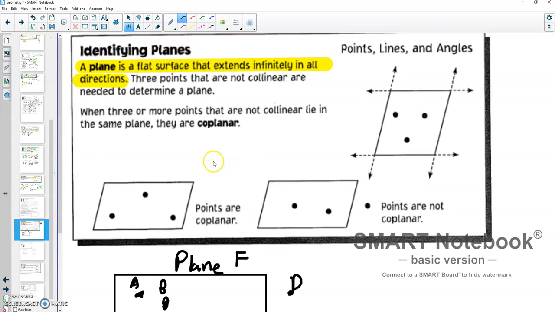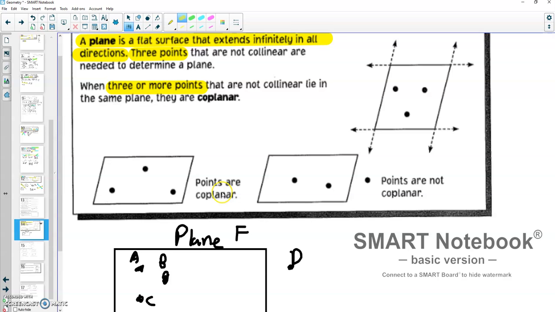Another important thing to remember, it says when 3 or more points, right here, 3 points. So it has to be 3 points on the plane to be coplanar.